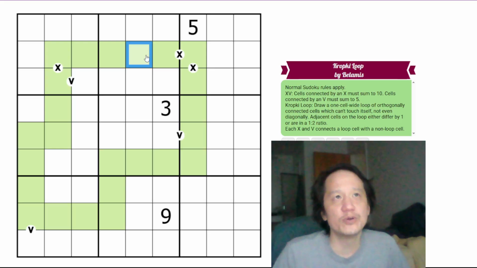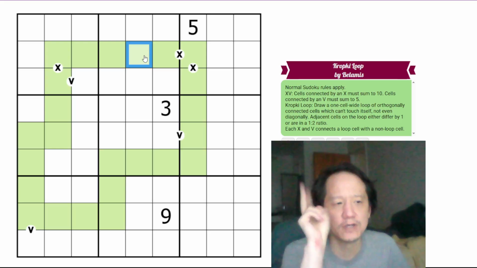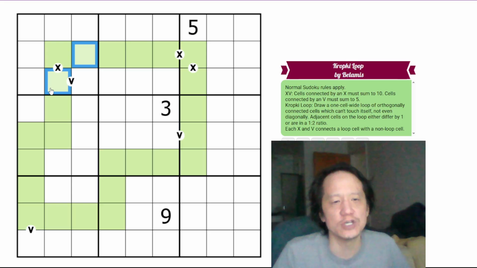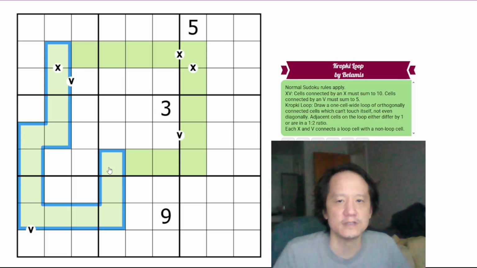Another way of putting it is that every cell on the loop must share an edge with exactly two other cells on the loop. And they cannot be touching unless they share a neighbor or they are neighbors on the loop.